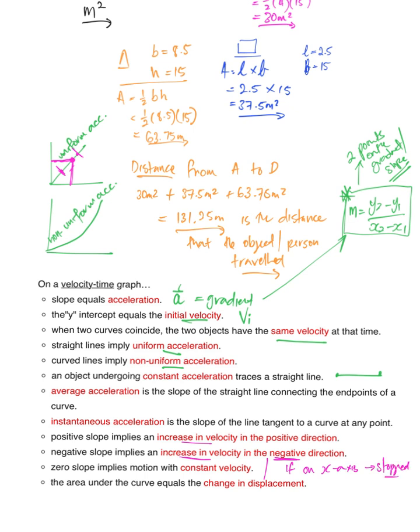So that's important. And the area under the curve equals the change in displacement, which we looked at now. You need to know all your area formulas for triangles, squares, rectangles and so on. And that brings us to the end of the velocity time graph.